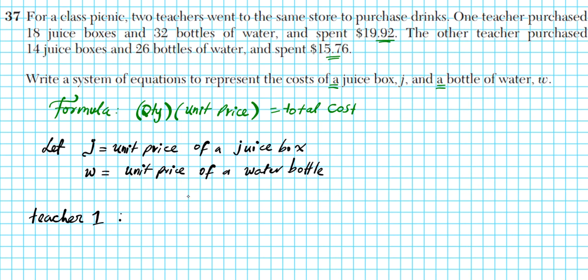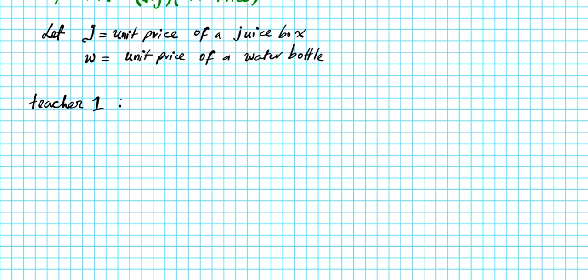Okay, so for teacher 1, we're going to add the cost of juice and the cost of bottled water together. So let's go ahead and write that down. We're going to be adding the total cost of juice plus the total cost of bottled water.